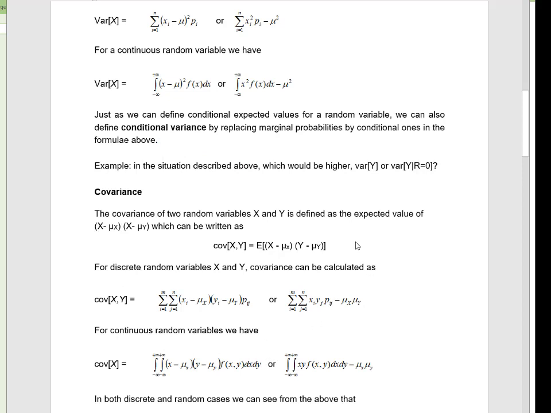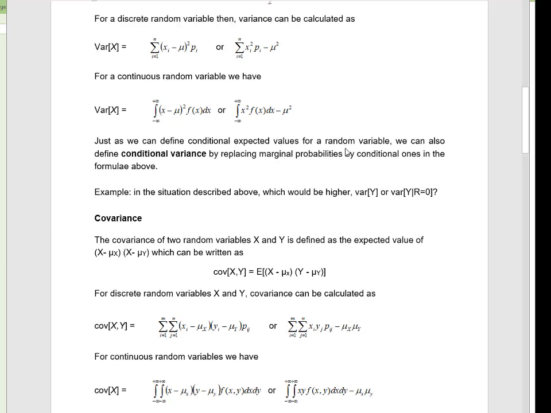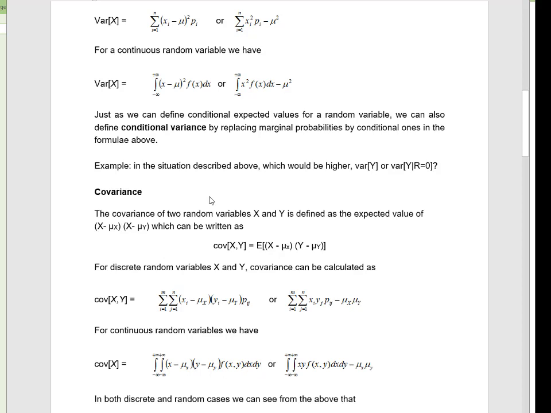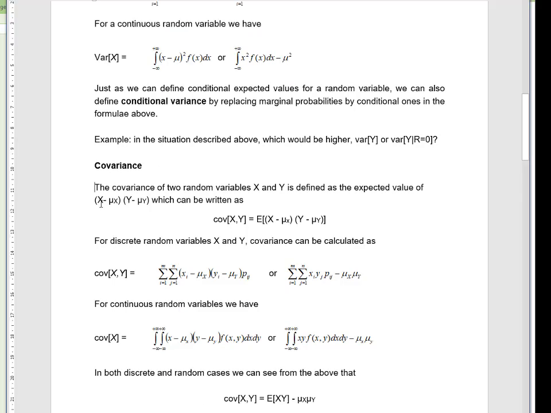Okay, so that's starting to get into when other variables come in, but expected value and variance really just relates to a single random variable. Now, what we want to start doing is looking at how two or more random variables influence each other. So the first thing to think about there is covariance. So here we find that covariance of two random variables is defined like this, and so this is saying how far is x above what you'd expect x to be normally, and how far is y above what you'd expect it to be normally.